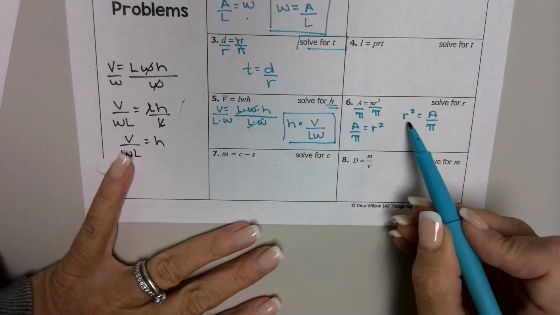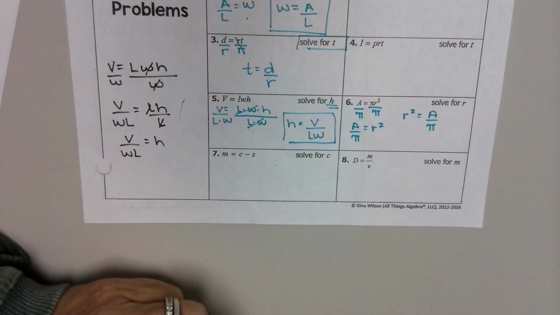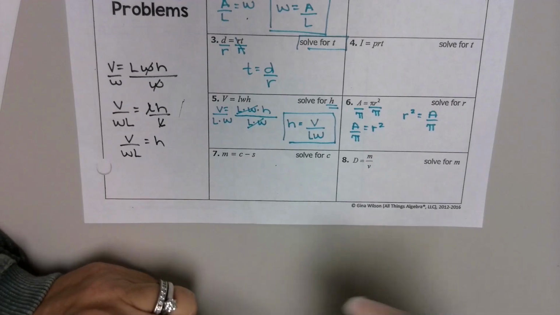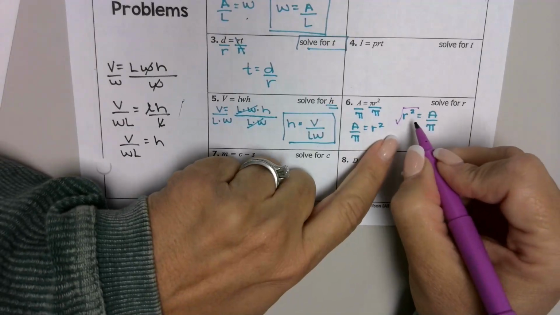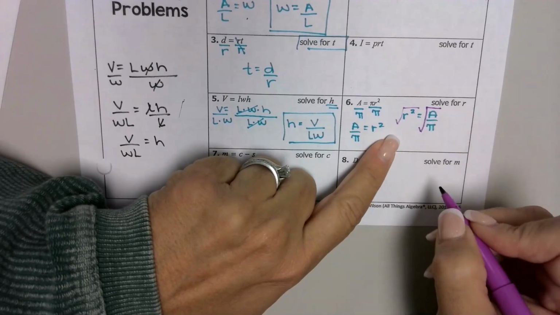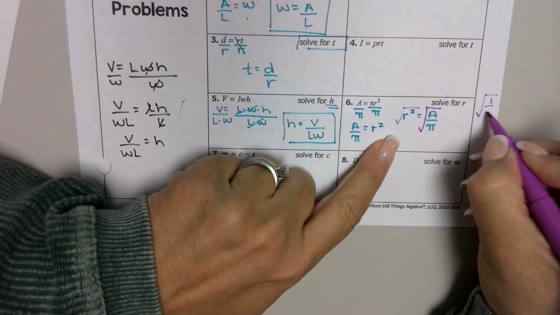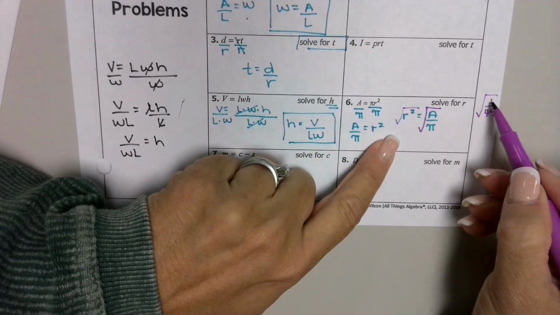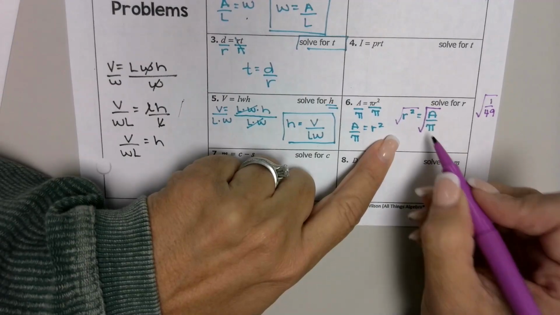So here's the tricky part. How do we get r by itself? So to get r by itself, if r is squared, to get rid of a square, we have to take the square root. So if I take the square root of this side, I have to take the square root of this entire side. Now we've done this so far this year. Remember, we had problems that looked like this, right? We take the square root of the top, the square root of the bottom. And so that's what this is. Now, here's the key.